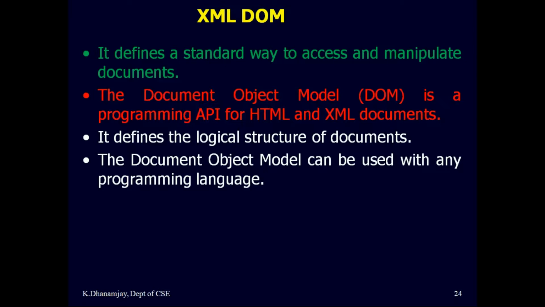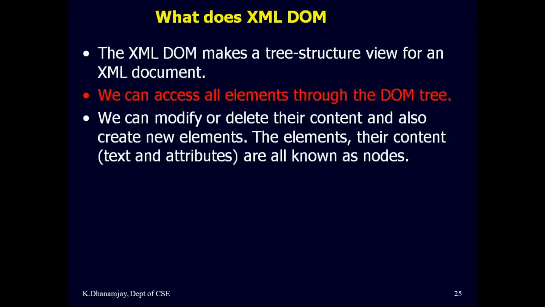What does XML DOM do? XML DOM makes a tree structure view of an XML document, and we can access all the elements through the DOM tree, modify or delete their content, and also create new elements. The elements, their content, the text or attributes are also known as nodes.